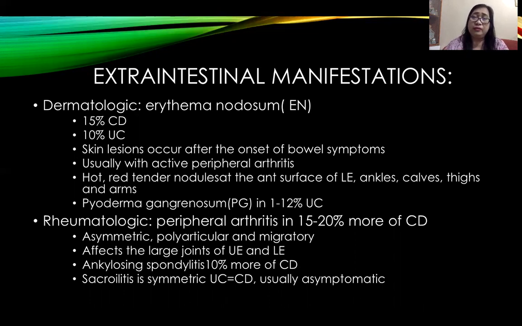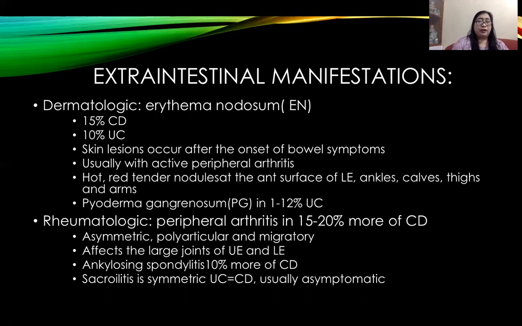Pyoderma gangrenosum may be seen in 1 to 12% of ulcerative colitis. Rheumatologic, you may develop peripheral arthritis in 15 to 20%. This is more common in Crohn's disease. Usually, the arthritis is said to be asymmetric, polyarticular, and migratory.